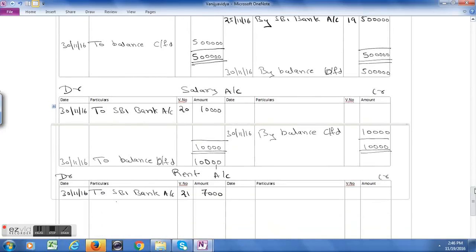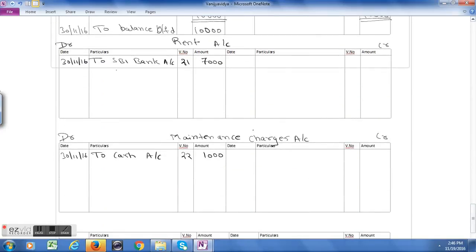Okay, now we'll go to the next account, that is rent account. So total of debit side is 7,000 and total of credit side is 0. So we have to make it 7,000 on both the sides.